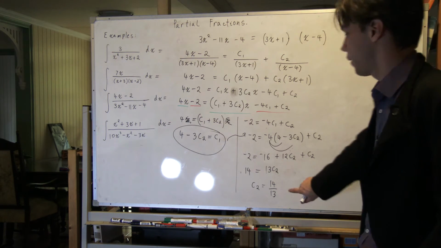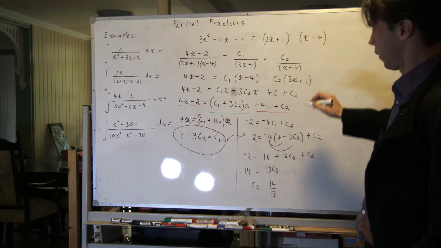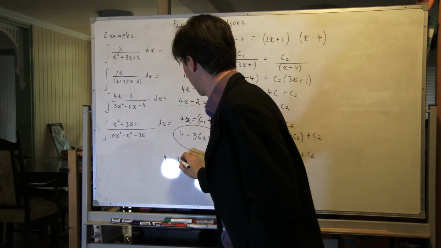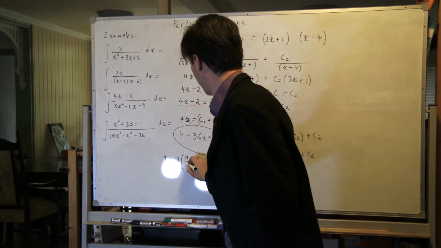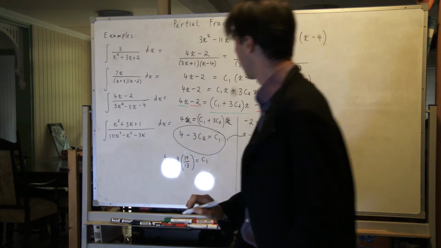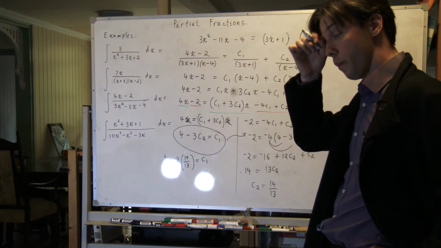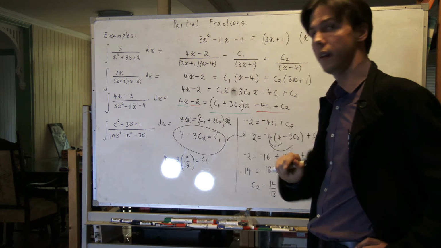And now we're going to put that in here to find C1. So 4 minus 3 times 14 over 13, the value of C2, equals C1.